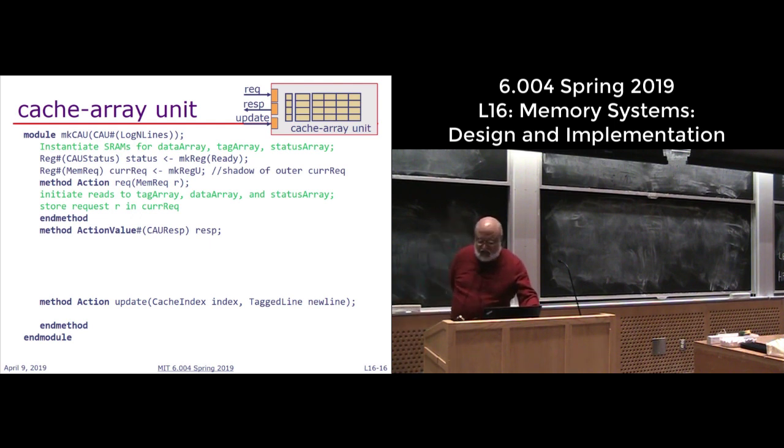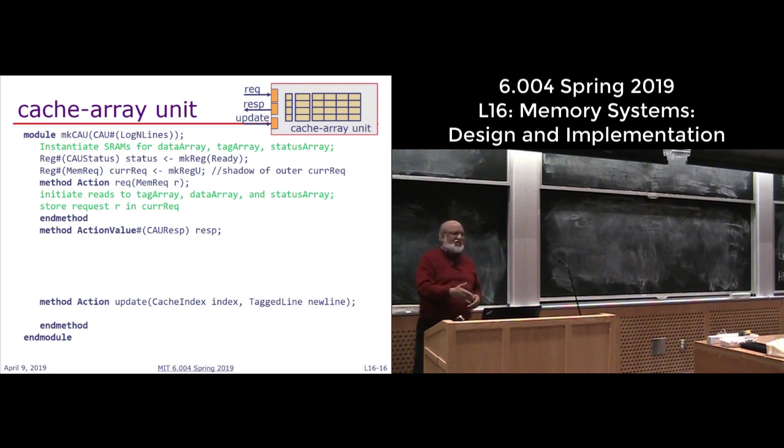See, the difficult part here is the following. You got a request. Even to find out whether something is in the cache or not is not instantaneous. You have to read the index bits and then see if there is a match or not, right? And because this is SRAM, you don't get the answer combinationally.